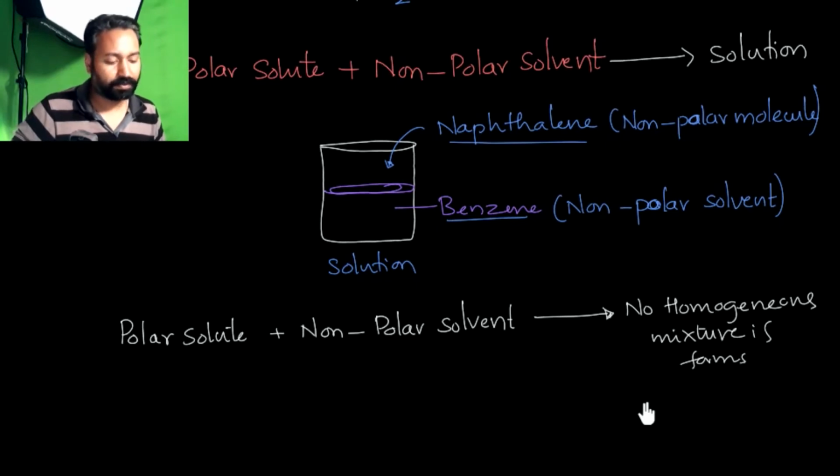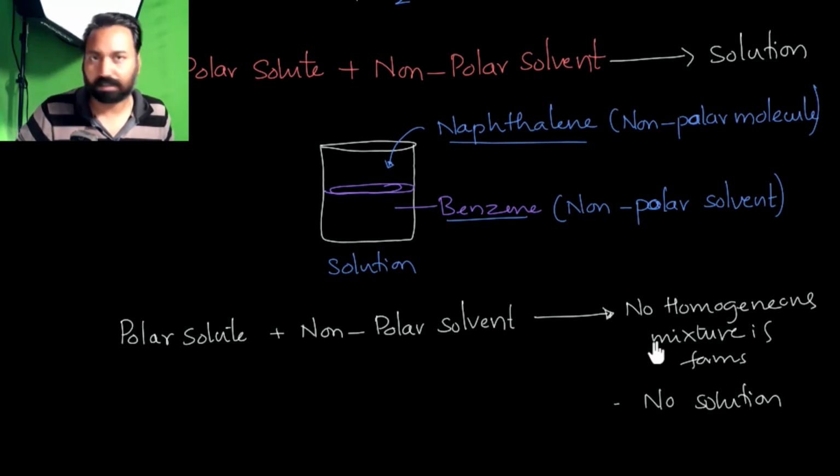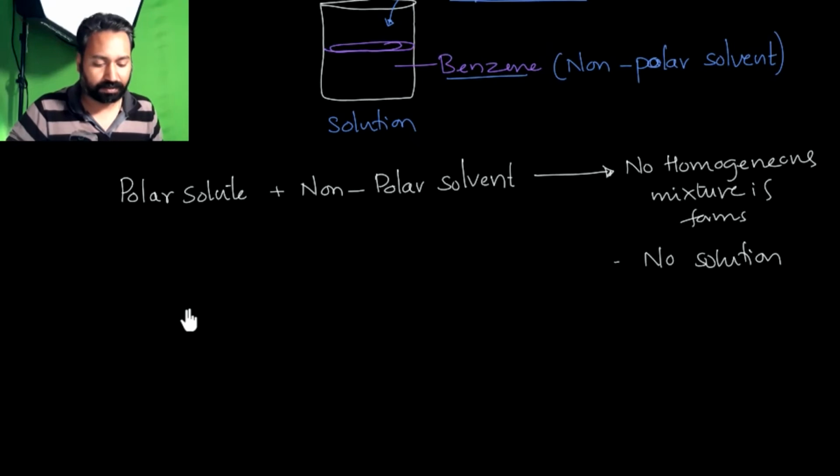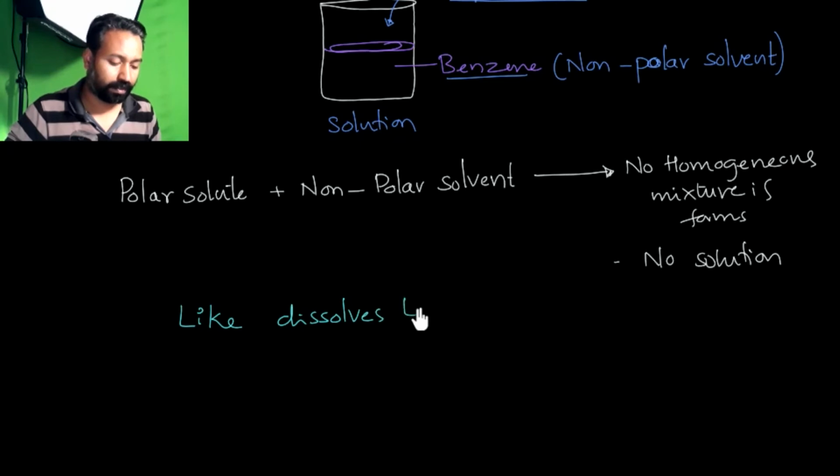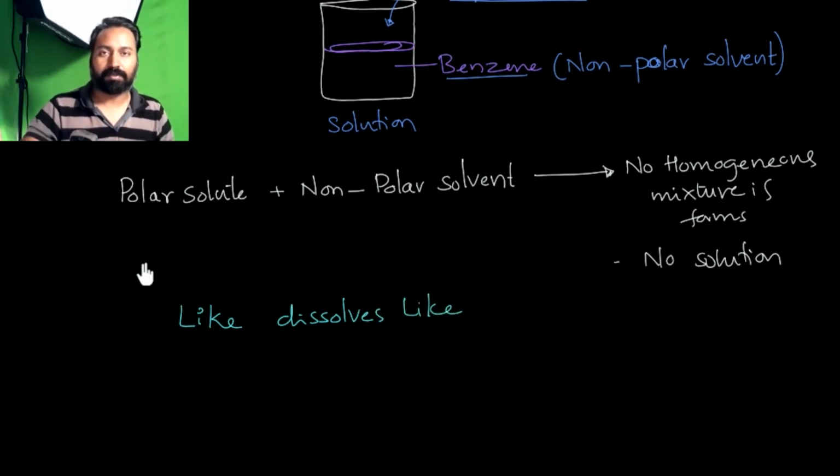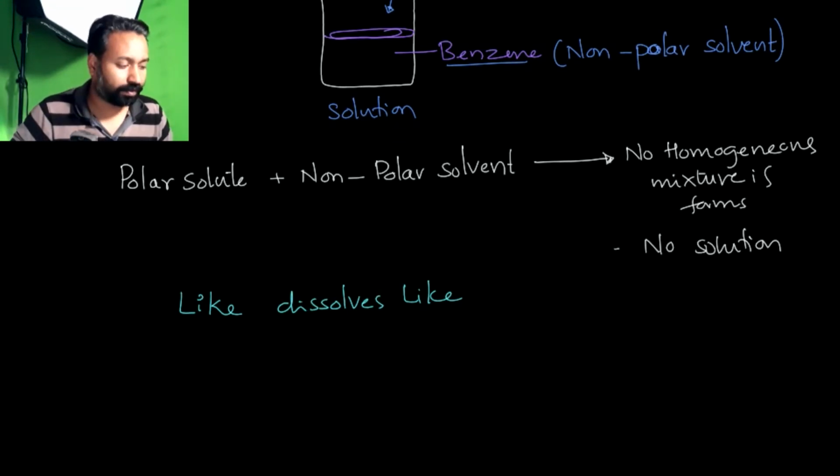Vice versa, if we take a non-polar solute in a polar solvent, then also no homogeneous mixture or solution is formed. Therefore we can make a statement: like dissolves like, meaning polar dissolves in polar solvent, non-polar dissolves in non-polar solvent. This is all about the nature of solute and solvent.